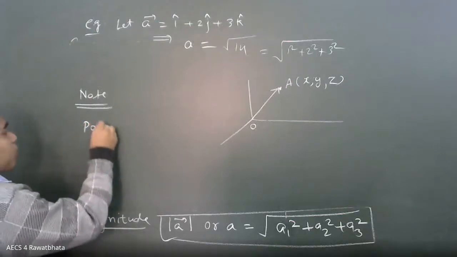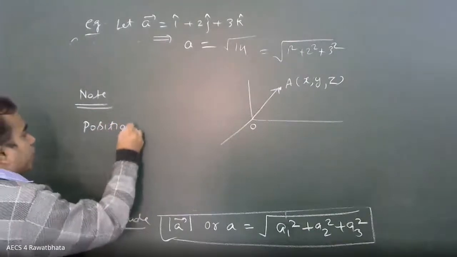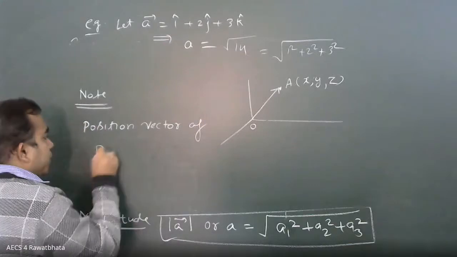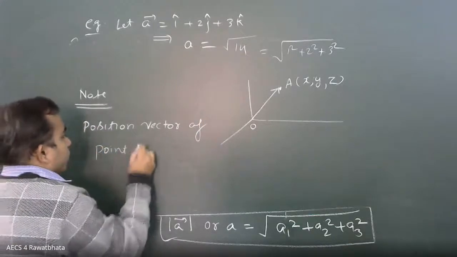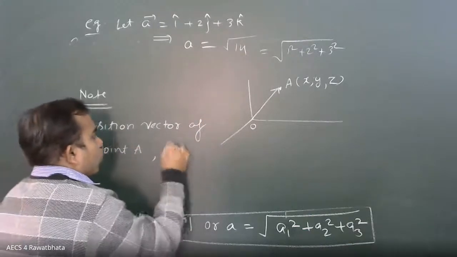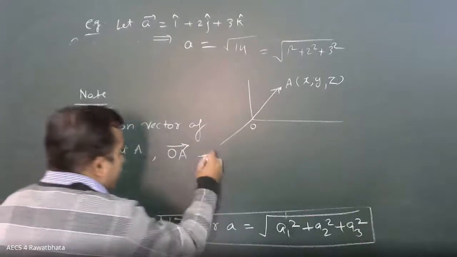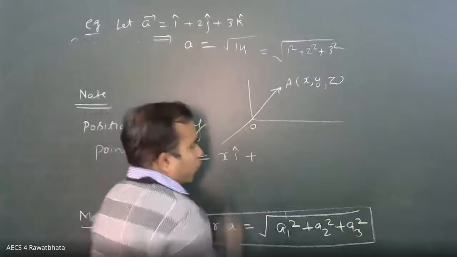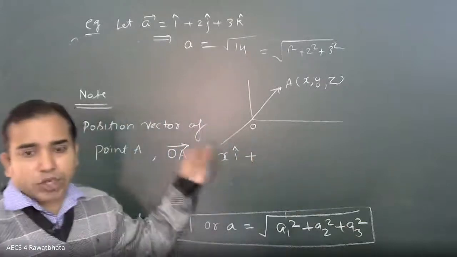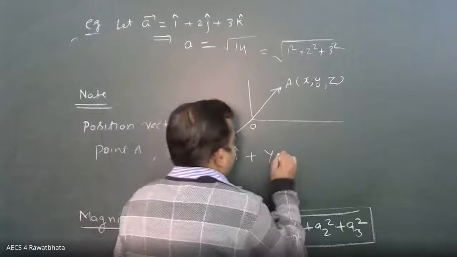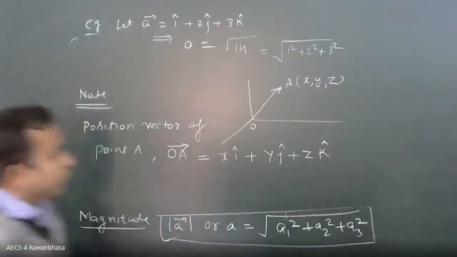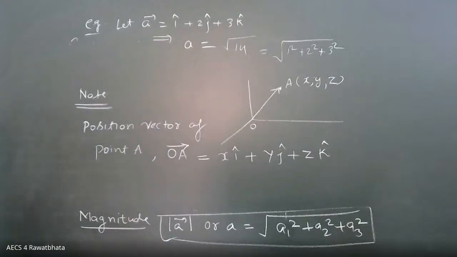It is called the position vector of point A. This is the OA vector, and it is given by x i cap plus y j cap plus z k cap. This is the way, right?